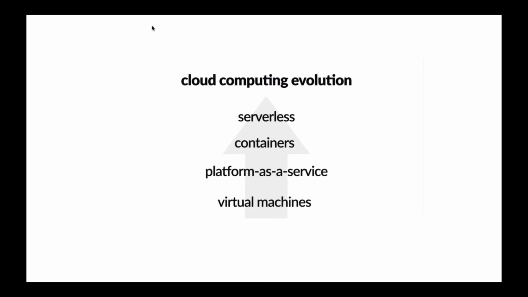And then the next paradigm is serverless. Serverless at its core means that you don't need to worry about the underlying infrastructure of the code that you're running. It will automatically scale for you and automatically do a lot of things that you would have to manually do with any of the other layers beneath it.